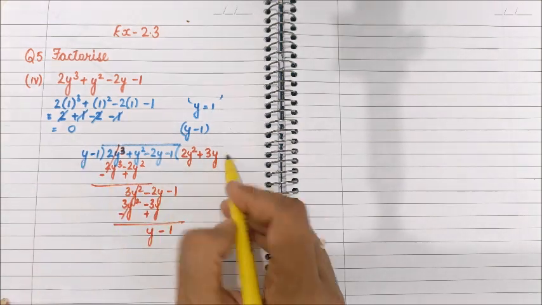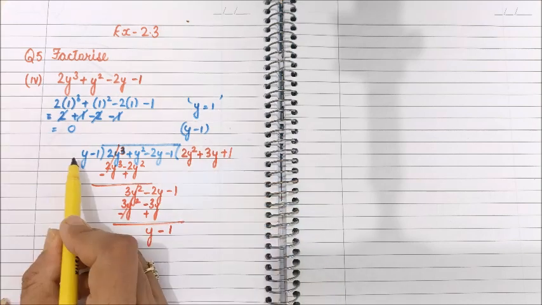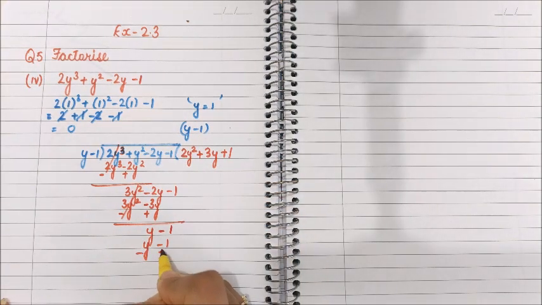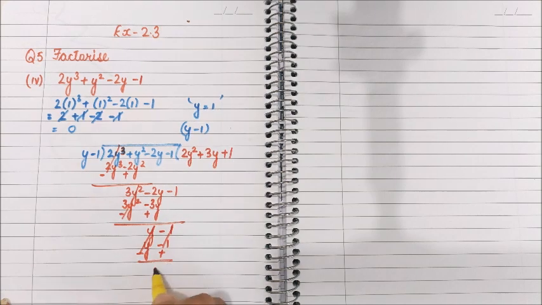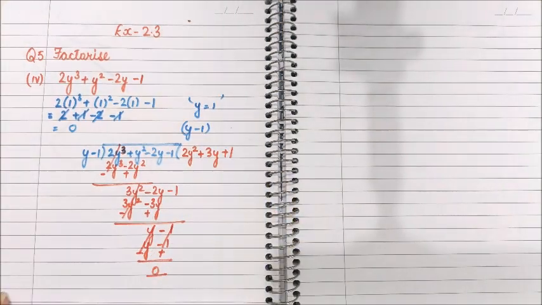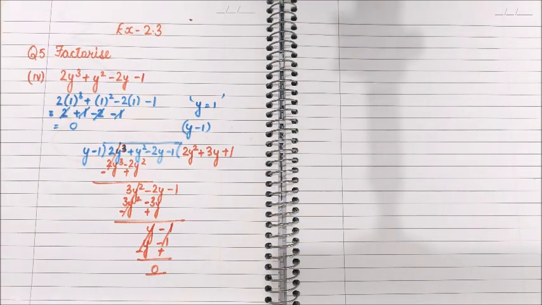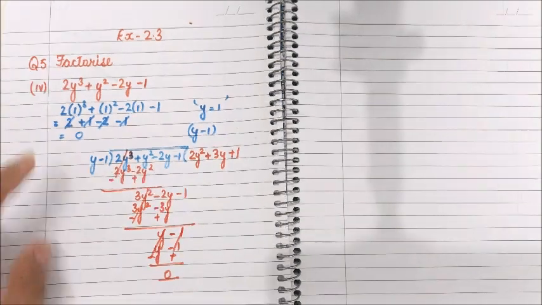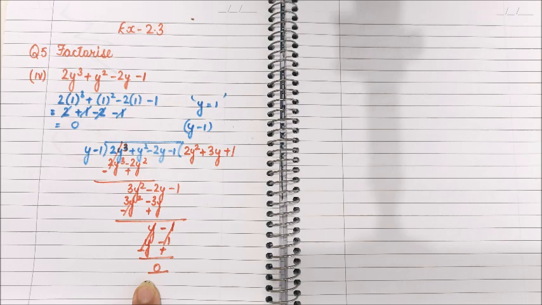So now I just need to multiply it with 1. When I will multiply it with 1, I will have y minus 1. Changing the sign, this cancels with each other, so I have 0. So this is my quotient. So one factor we have y minus 1, which we took as a divisor, and this is my quotient and this is my remainder.